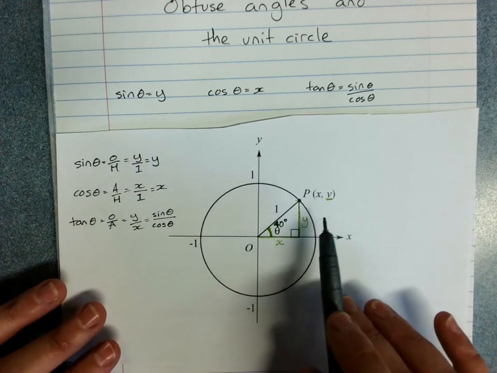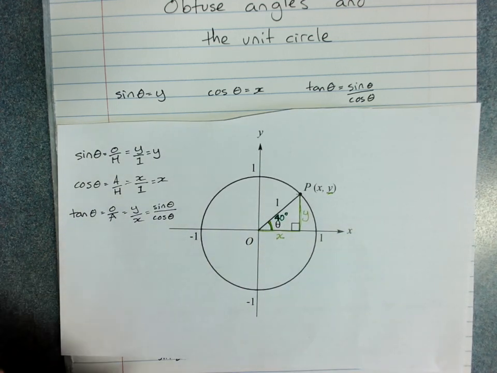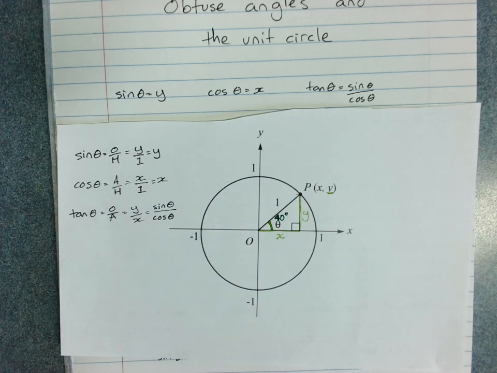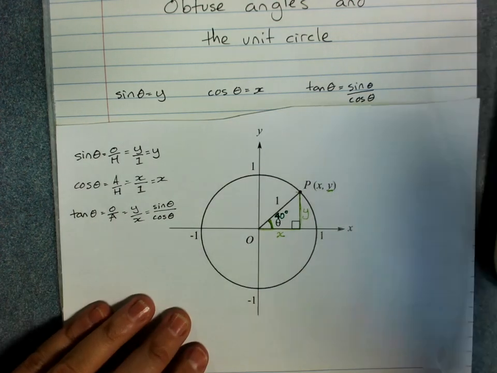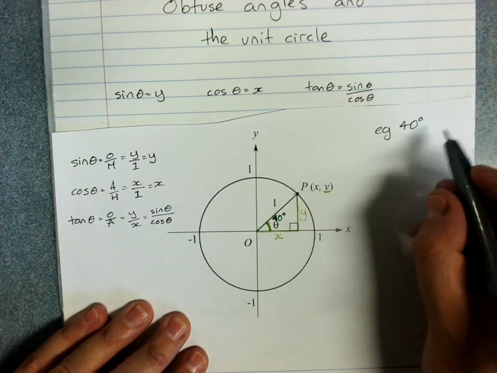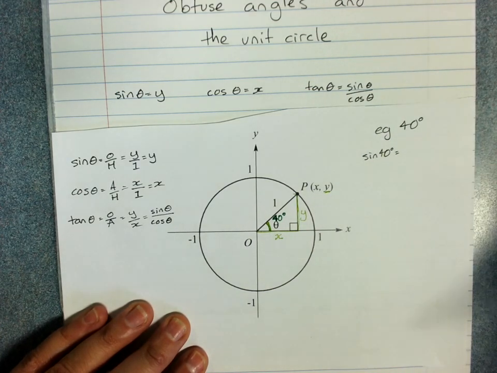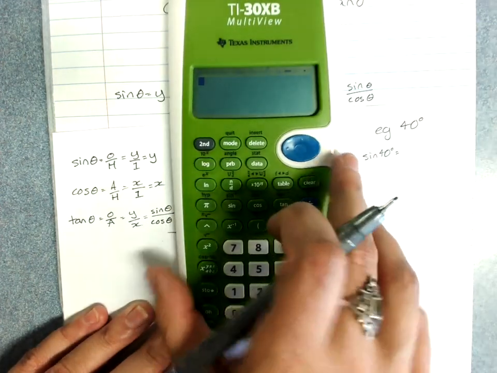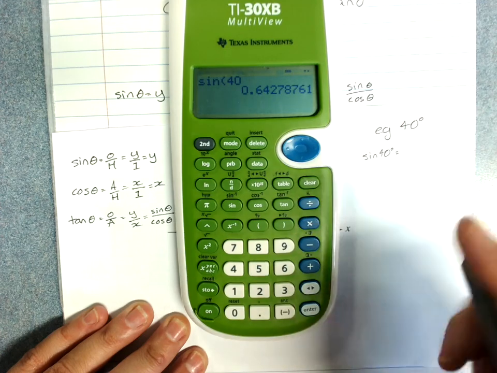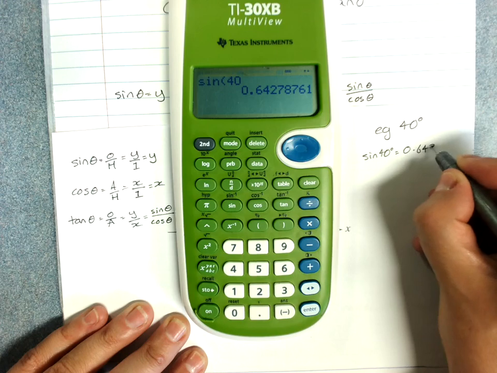Now, if we look at this 40-degree triangle here, and if we use our calculator, which I've left here somewhere very sensible, here it is. So we're using the example of 40 degrees. Sine of 40 degrees is 0.643.